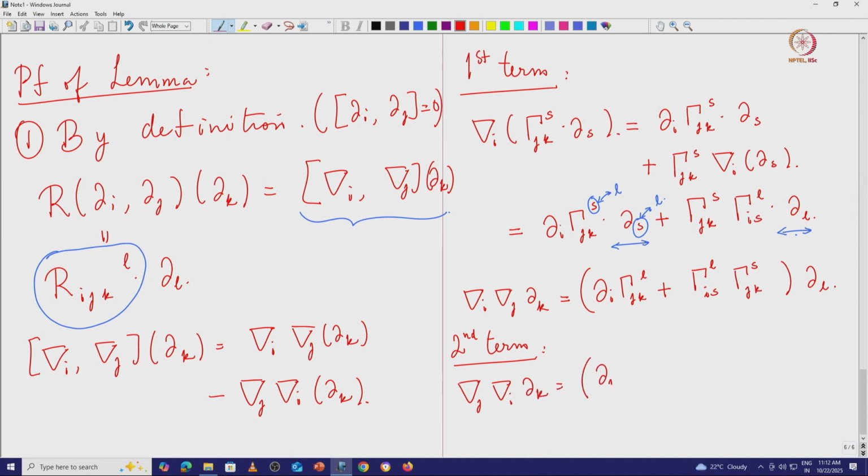Okay. So similarly, the second term I can do a similar calculation, and I end up with the following. I just replace wherever i is there, I replace it with j, wherever j is there, I replace it with i in the formula for the first term, right?